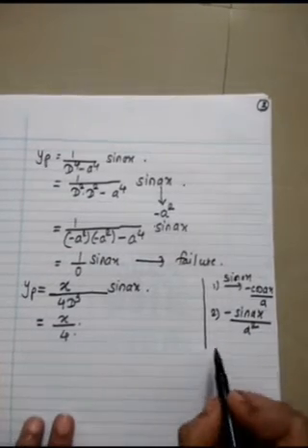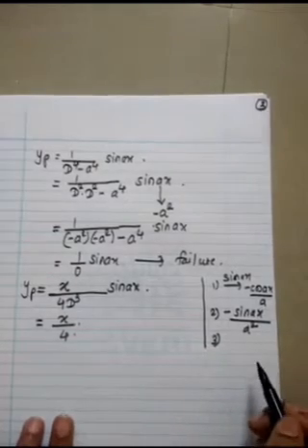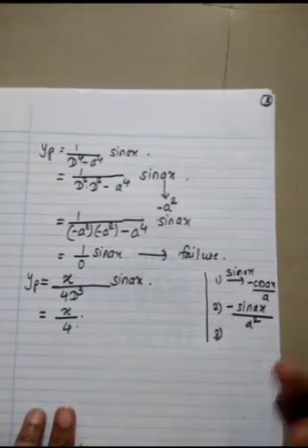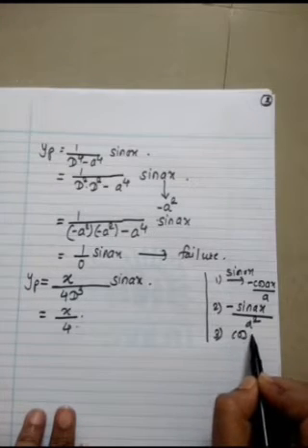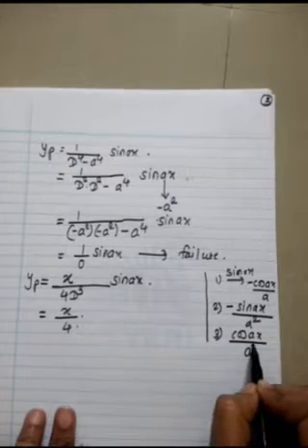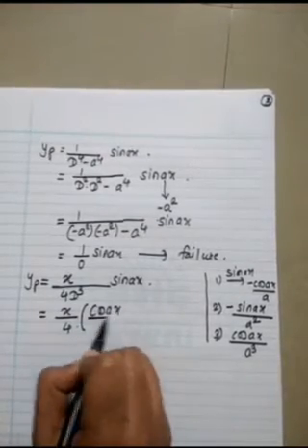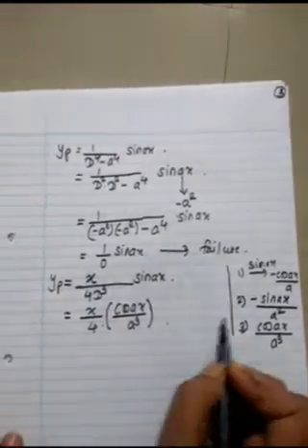Third, next integration of this: sine integration is minus, so minus plus gives plus cos ax upon a cube. So we have to write here cos ax upon a cube.